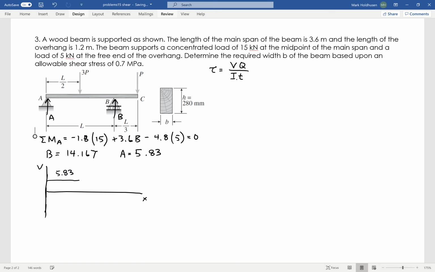Okay, then I drop down 14.67, so that actually drops down like this to, that would be below, which would be 9.167.